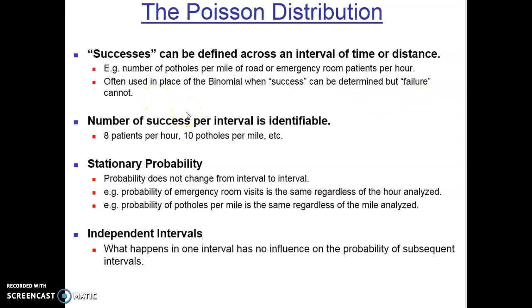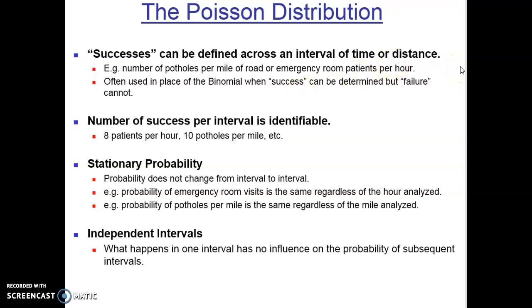If you're studying traffic accidents, for example, you might run across data that shows you the number of traffic accidents last year. Well, that would be success across time. Or you might find data that shows the number of traffic accidents per 100,000 miles driven. That would be success across distance.